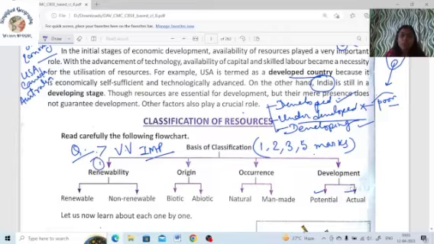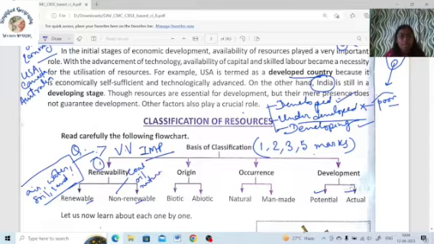On the basis of renewability, we have two types of resources, renewable and non-renewable. Renewable resources are those resources which are readily available in nature: air, water, soil, land, all these resources are renewable in nature. Non-renewable resources like coal, petroleum, natural gas we have.